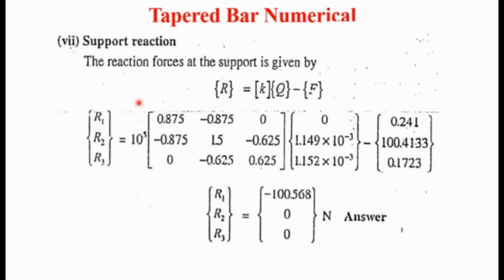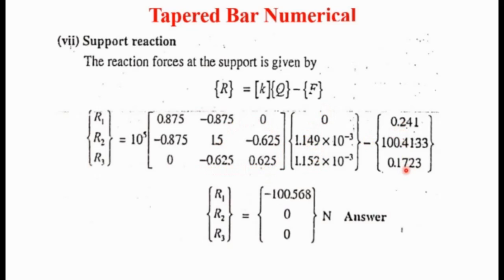So R matrix means R1, R2, R3 is equal to K, that is 10 raised to 5 into 0.875, minus 0.875, 0; minus 0.875, 1.5, minus 0.625; 0, minus 0.625, plus 0.625, into Q matrix Q1, Q2, Q3, minus F matrix F1, F2 and F3.